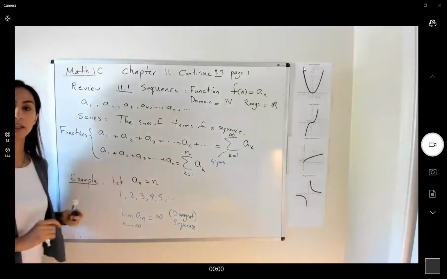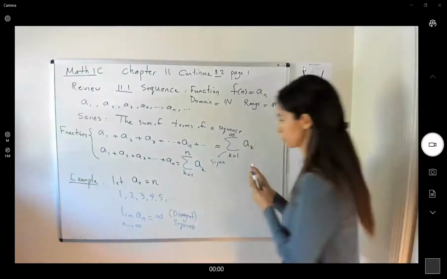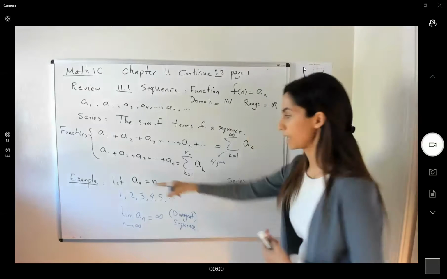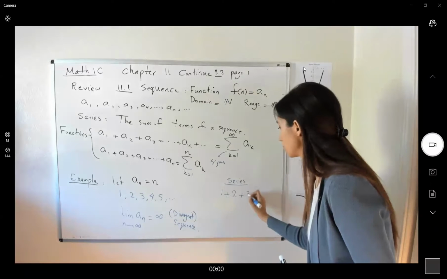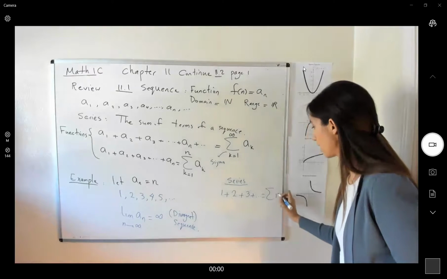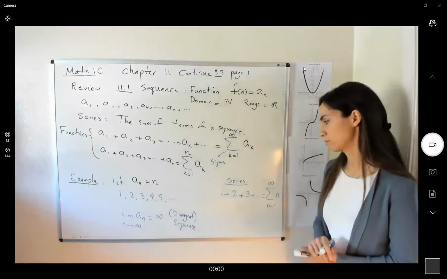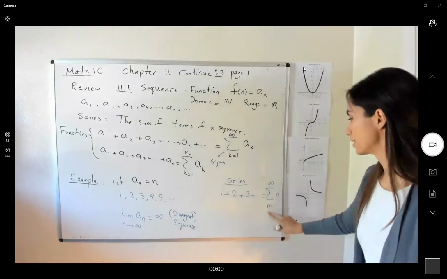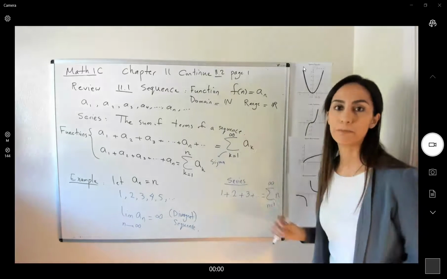So what if I take these terms of this sequence and form my series? A series by adding the terms of this sequence: 1 plus 2 plus 3 plus the rest of them. So here you have sigma n, ranging from 1 to infinity. As you expect, if you add all of these numbers together, since n goes to infinity, this sum is going to be a very big number.